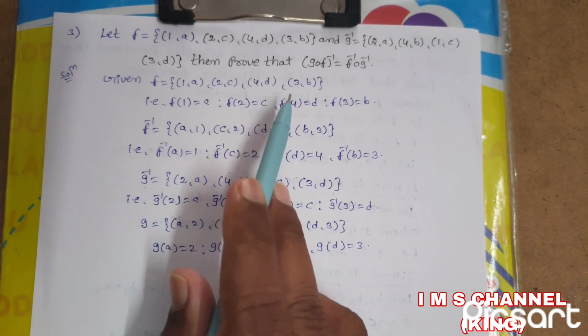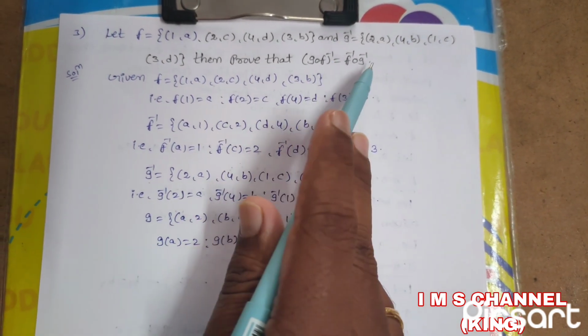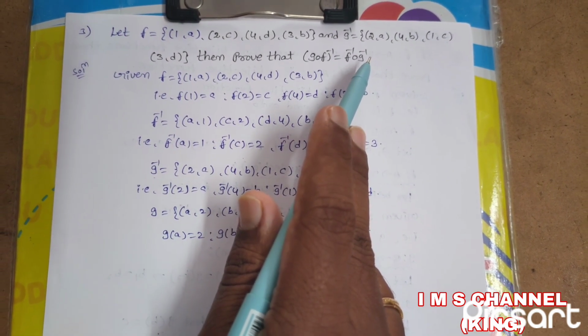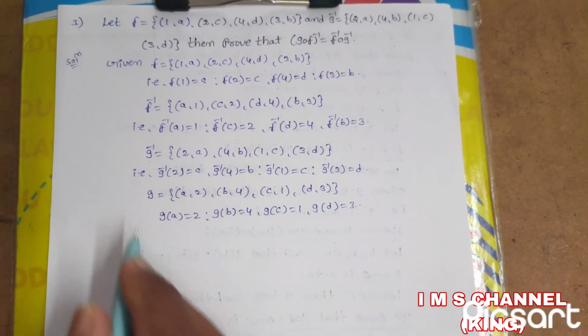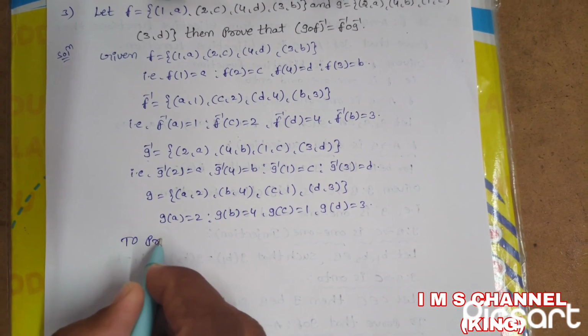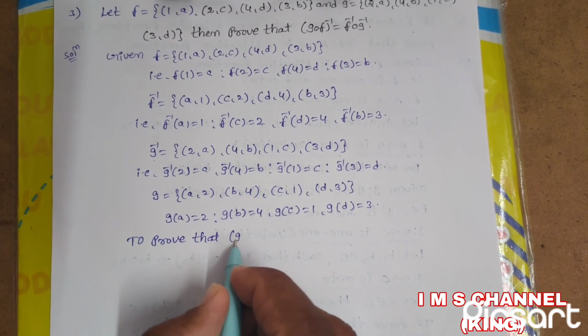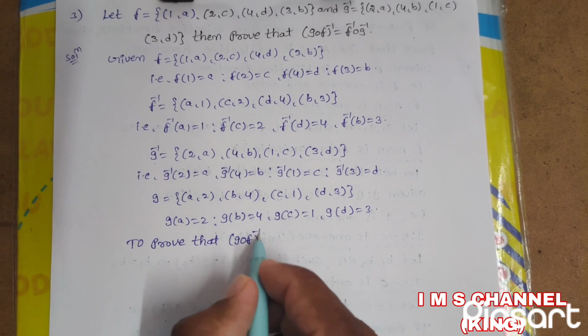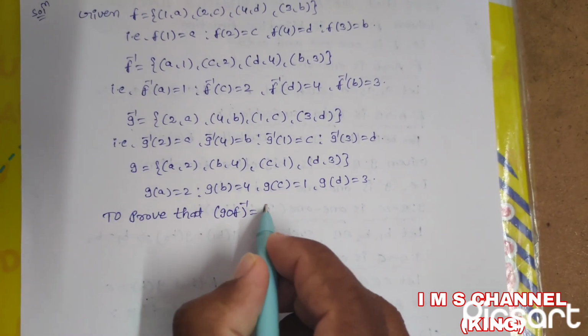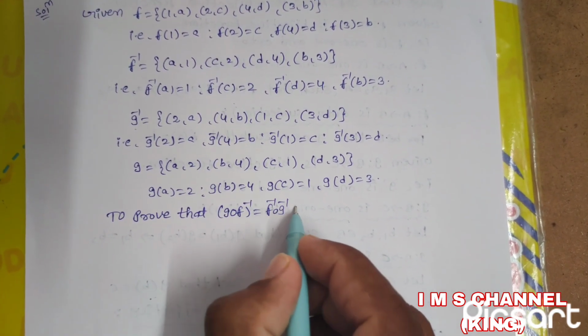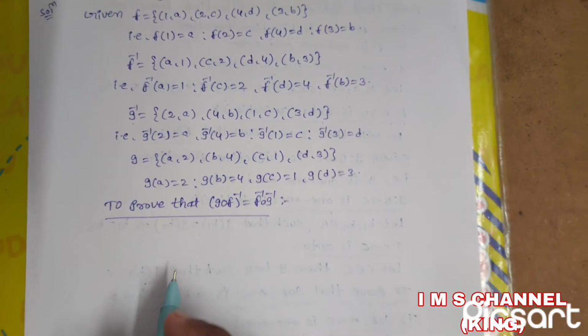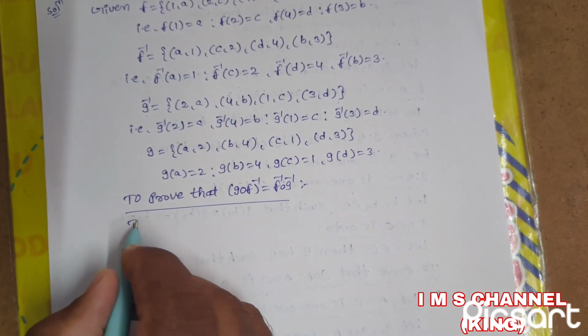Here we can prove that (G circle F) whole inverse is equal to F inverse circle G inverse. Okay. Now take the values.